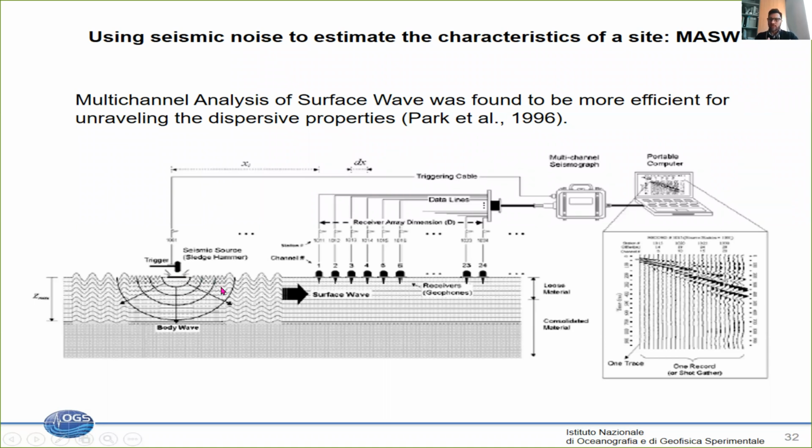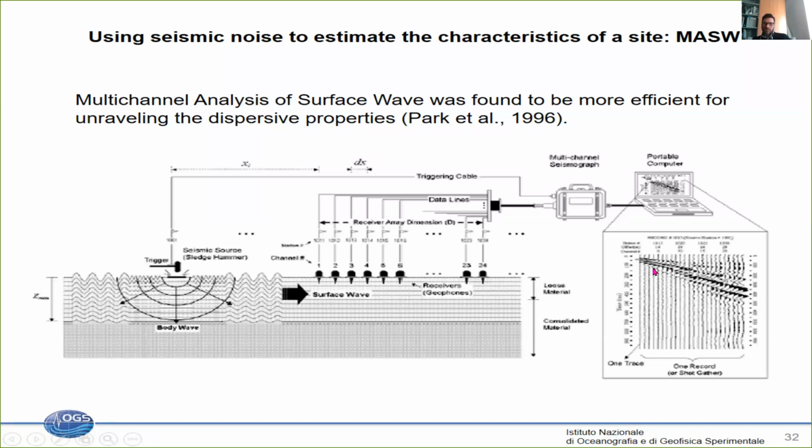Waves are generated, and of course, in your wave field, you will have some body waves, which become smaller and smaller with distance, and you will have a clear predominance of surface waves. This is a typical kind of recording where on the y-axis you have time, and on the x-axis you have the recording in each position of every geophone.